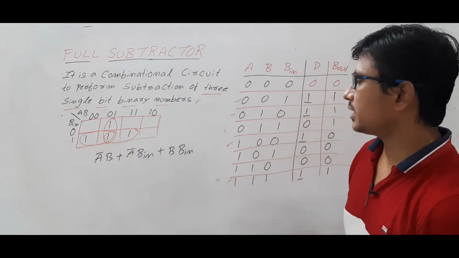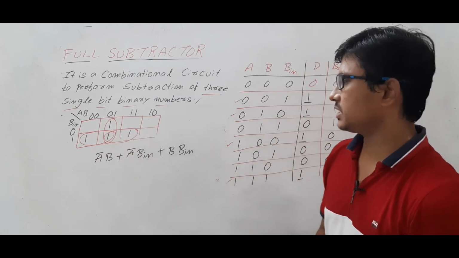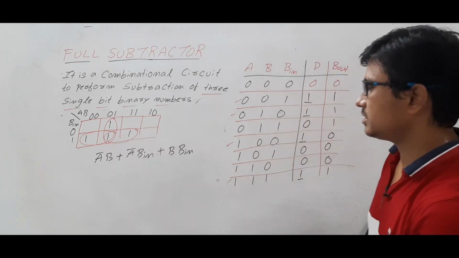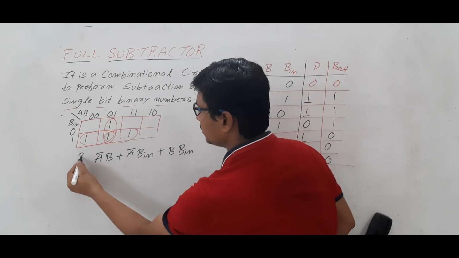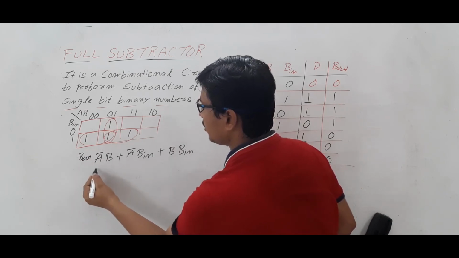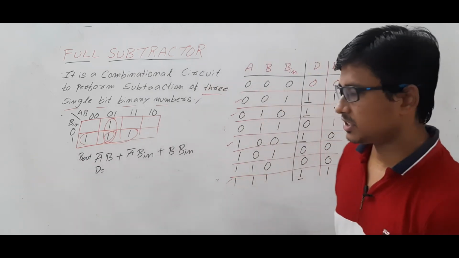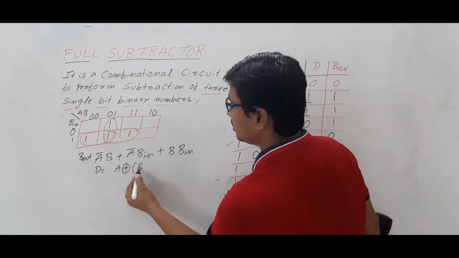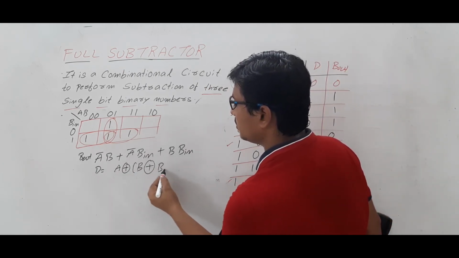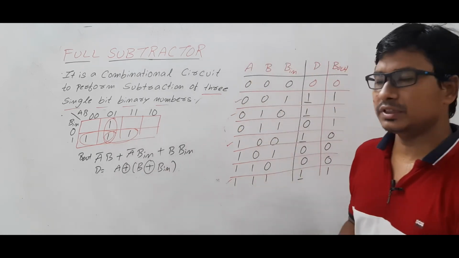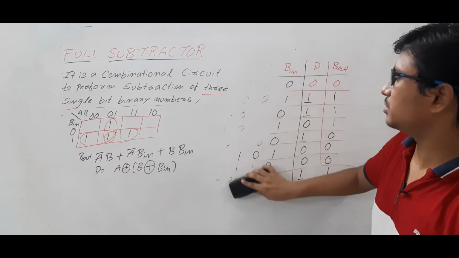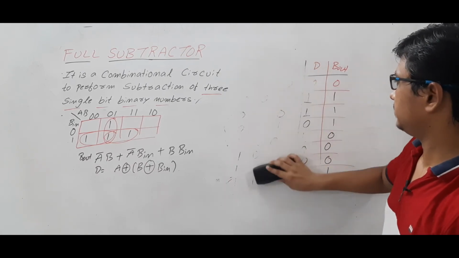Okay, now what I can do is that I will take this expression and I will construct the combinational circuit. This is for borrow out, and just now we have found the expression for the difference, which is A exclusive OR B exclusive OR borrow in. So with these two expressions I will find the combinational circuit for the full subtractor.